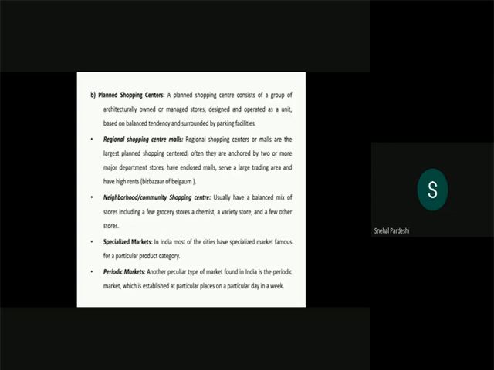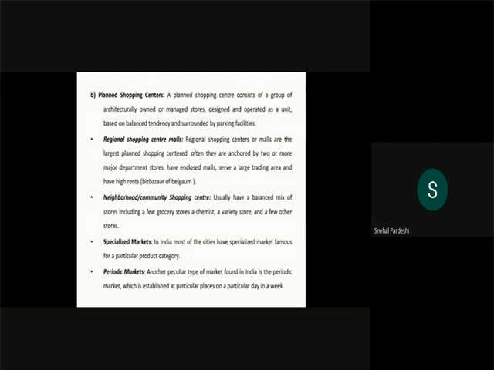It is planned, and they decide what type of stores have to be included in that community shopping center, catering to almost all the needs of customers residing in the surrounding location.